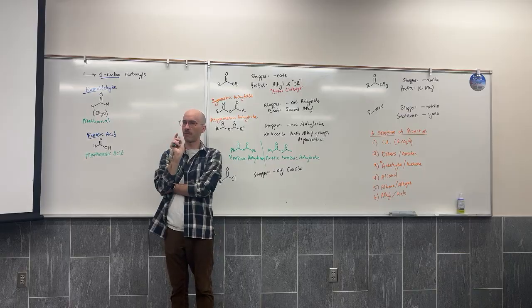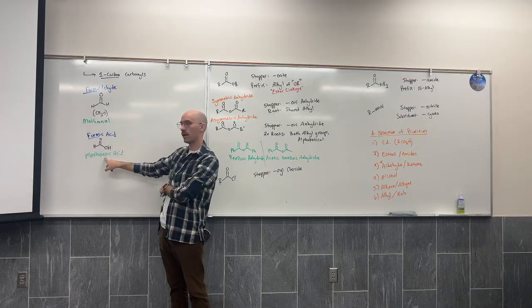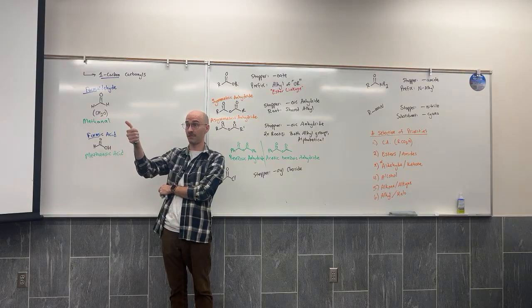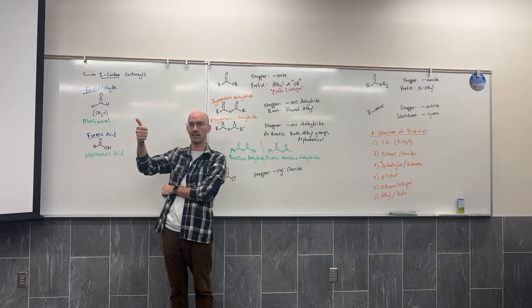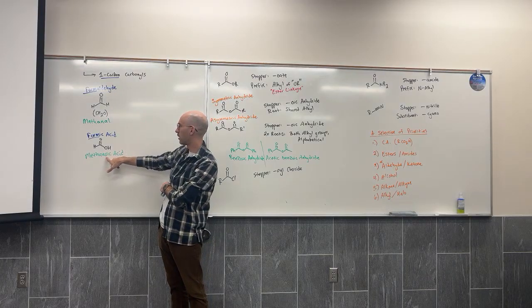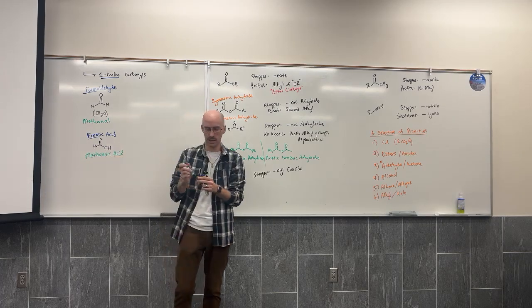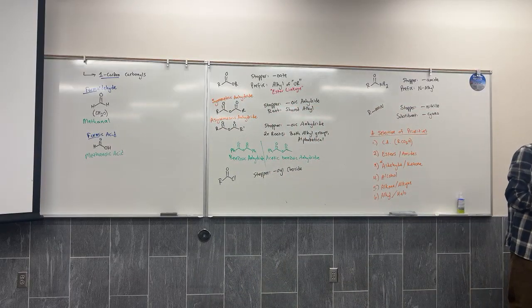So for whatever reason, in common names, that O is often dropped. Acetic acid, vinegar, it's not called acetoic acid. Formic acid, rather than formoic acid. In systematic nomenclature, that O is there. In common nomenclature, you won't see it. All right, the one below it.